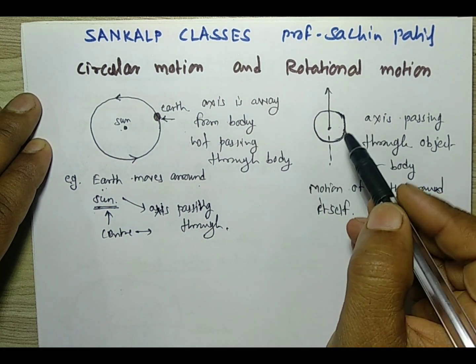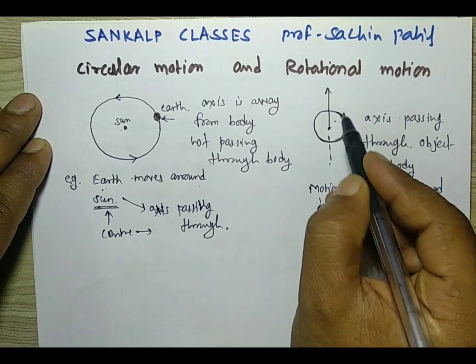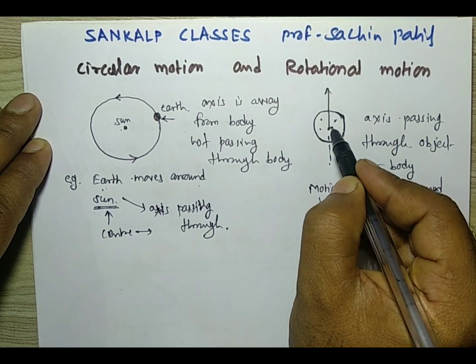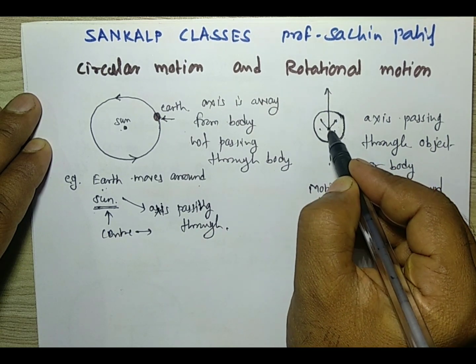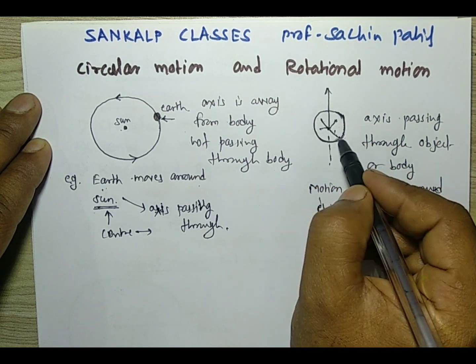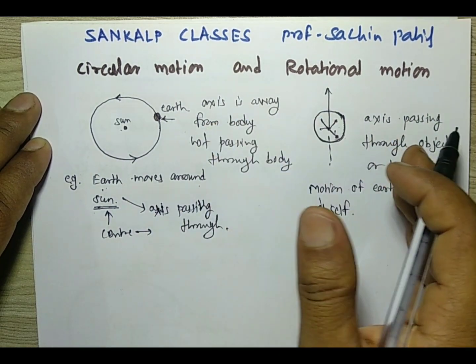In rotational motion, we consider all particles of the body moving in a circular motion around the axis passing through the body. That means each particle has a different radius and moves along its own circumference.